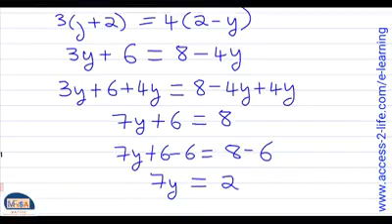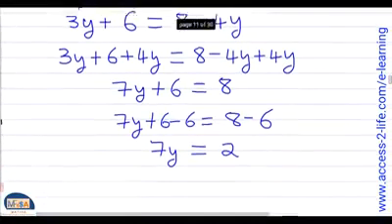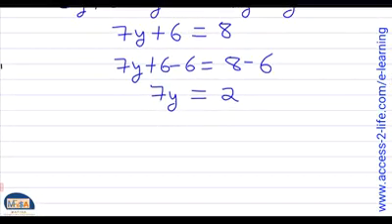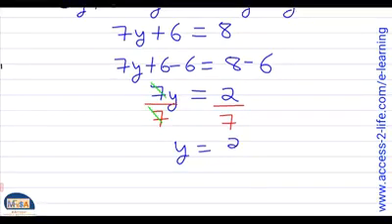Now, because we're trying to solve for y, we have to make sure that y is by itself on the left hand side. So we divide both sides by 7. And obviously 7 cancels the 7, leaving us with y equals 2 over 7.